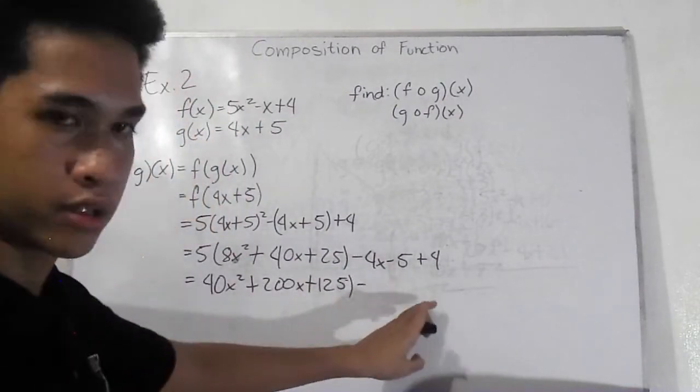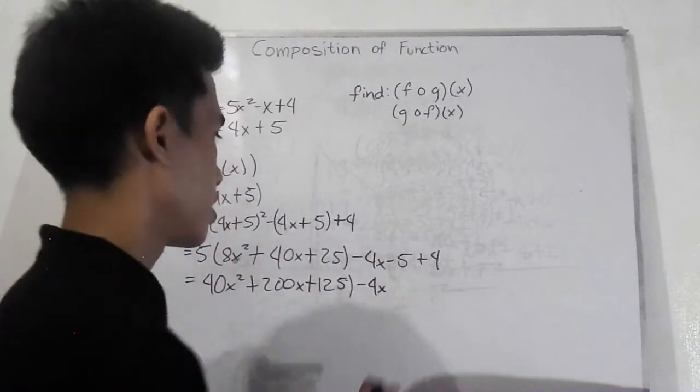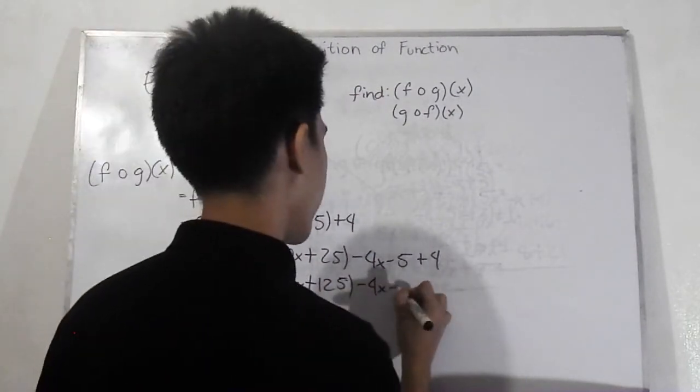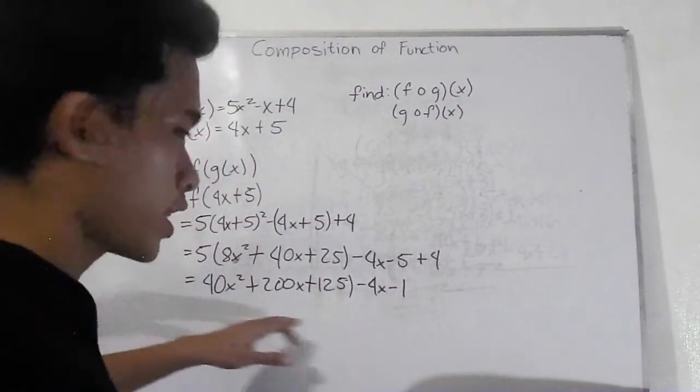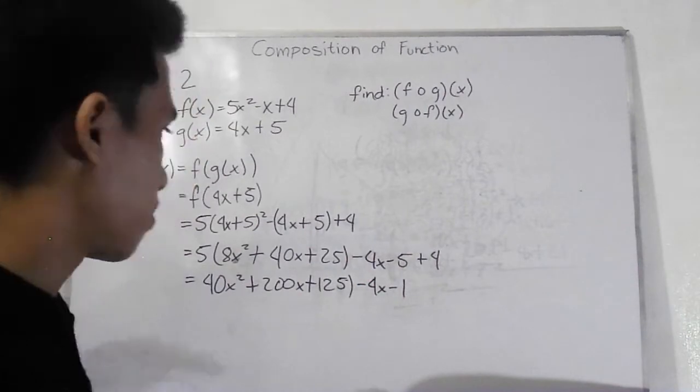Here, copy 4x, and these two can be simplified. So we have negative 1. To get the answer, we need to simplify it.